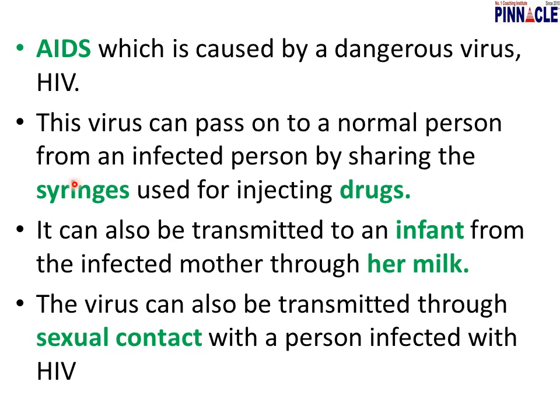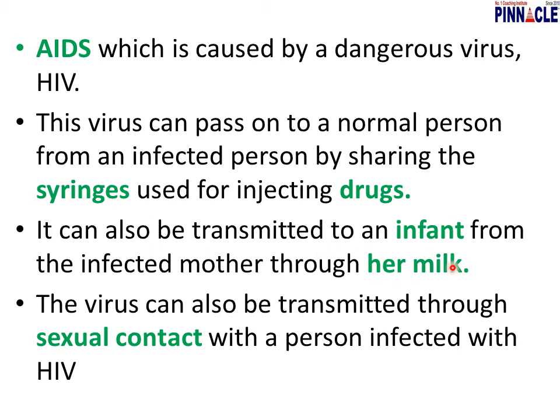A question will be asked about which is the responsible cause for the spread of AIDS. One is syringes used for injecting drugs, and it can also be transmitted to an infant from the infected mother through her milk. Through her milk, this is important. I have seen many questions in UPSC and SSC along these lines: can AIDS or HIV be spread through mother's milk or not?